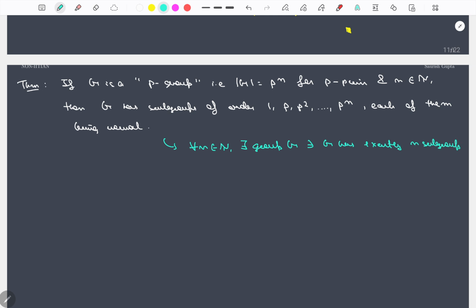And what you can observe is that it's true, as if the order of G is p to the power n minus 1, it works. Because after all, these are the only possible orders, right, by Lagrange's theorem. And we are getting all these subgroups. So these are the only possible subgroups of these particular orders. So if I take the order of G to be p to the power n minus 1, we'll get exactly n subgroups. So it's true.